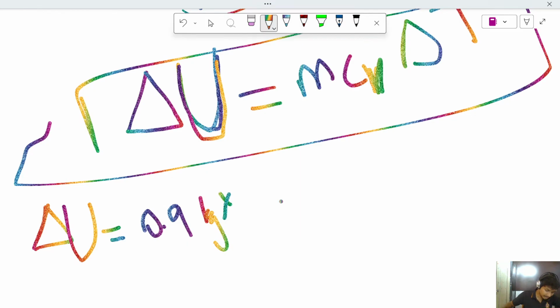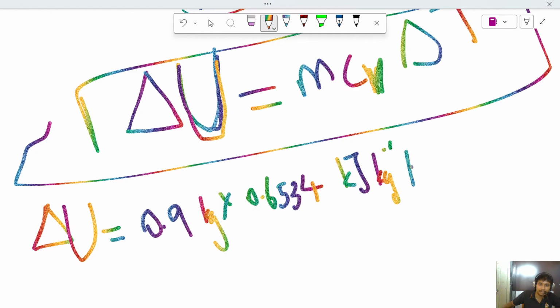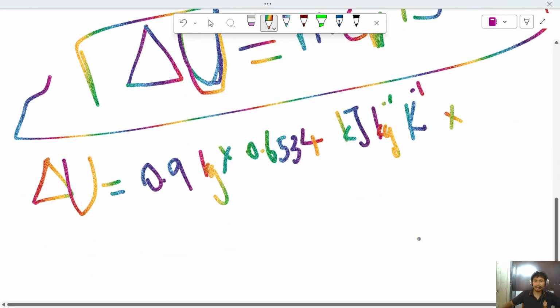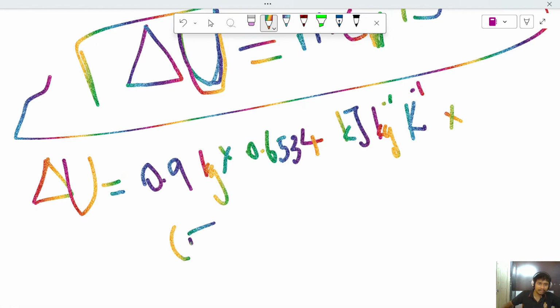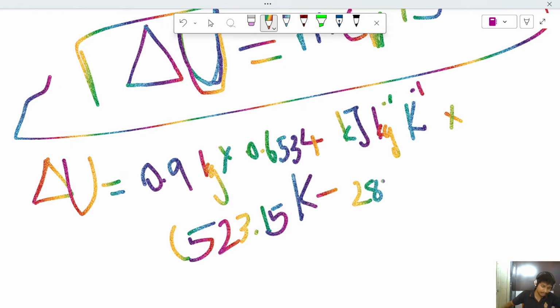What is Cv? 0.6534 kilojoule per kilogram per Kelvin, kilojoule kilogram minus 1 Kelvin minus 1, into delta T. Delta T is 523.15 Kelvin minus 288.15 Kelvin.